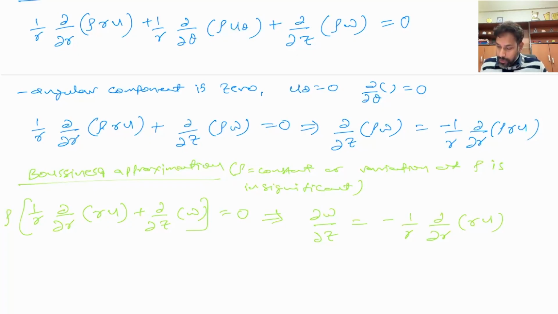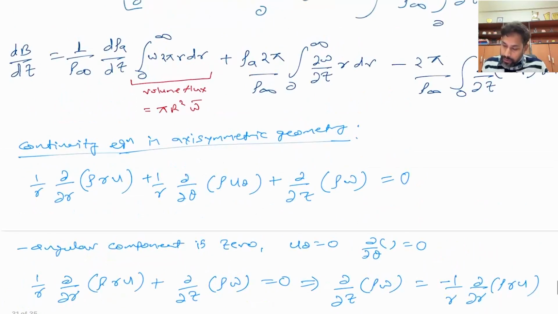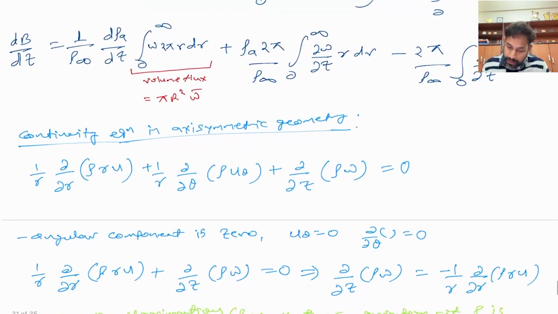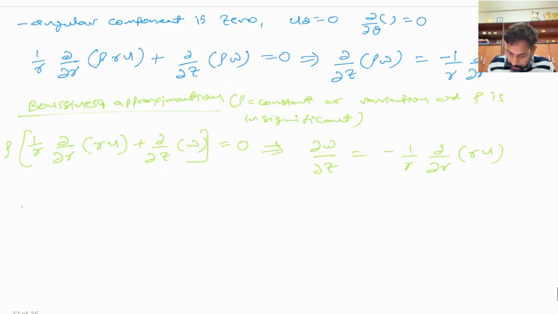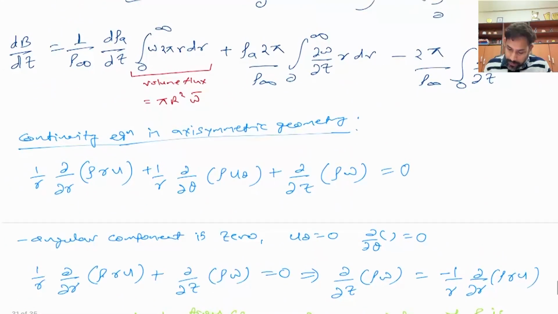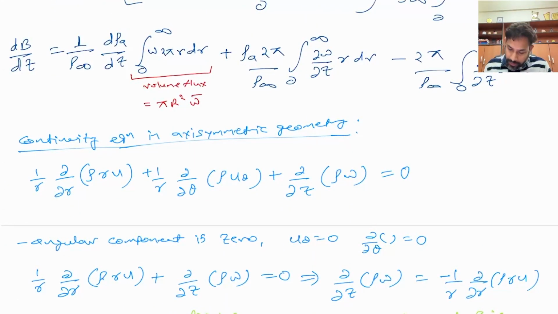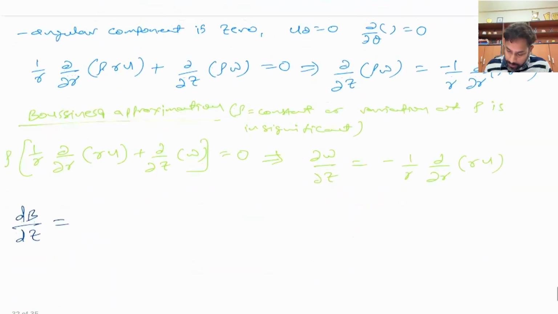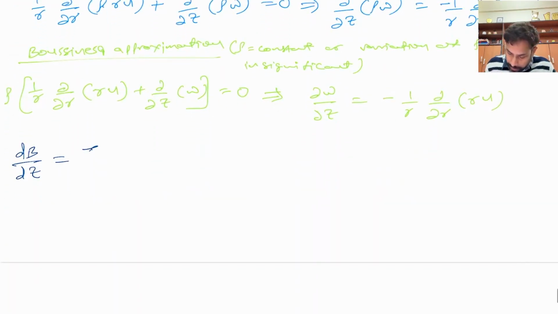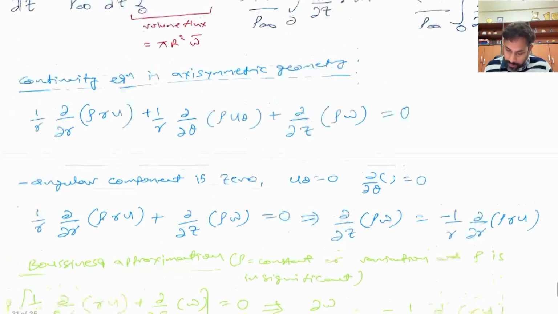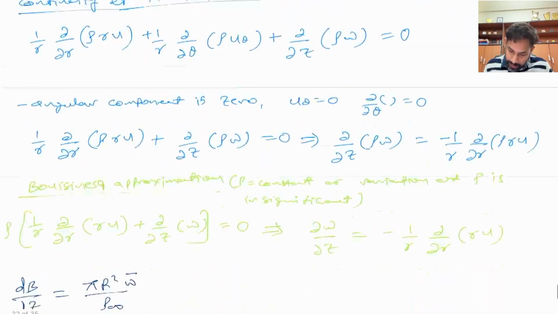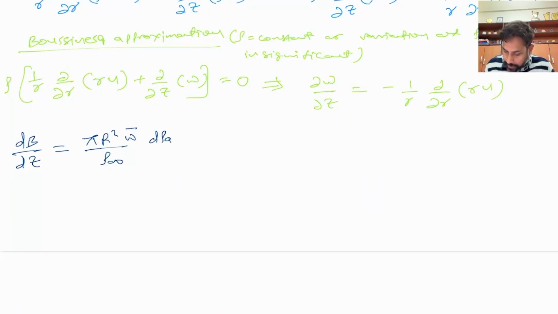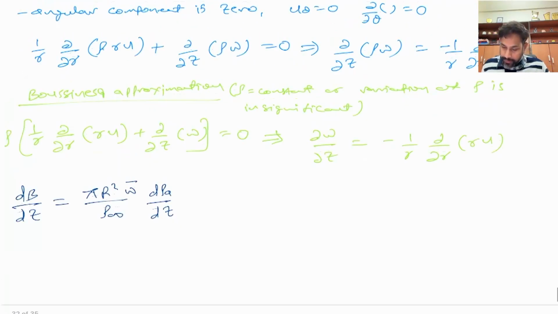So we have got these two terms, and we are going to use them in the equation that we have written above. We can write that equation again as dB by dz, where the first term can now be written as pi r square w bar by rho infinity, d rho a by dz.